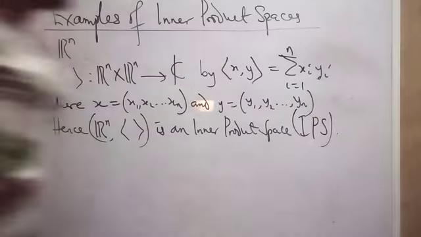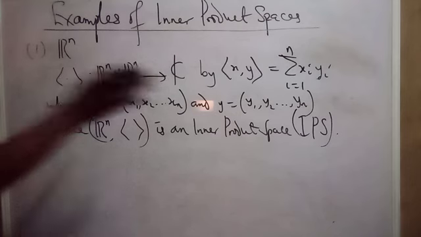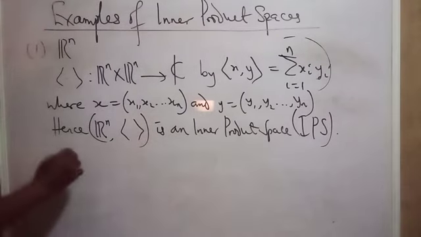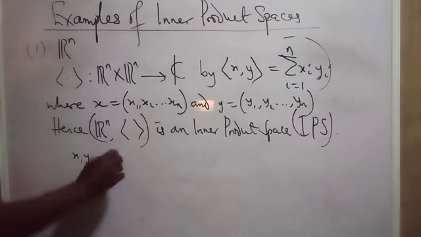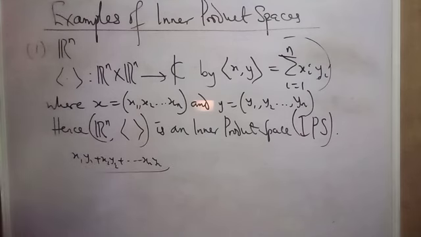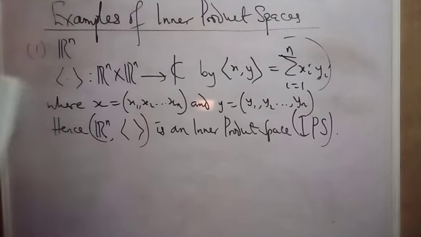Briefly, this is a very good example; you can see the way I've defined my concept here. And don't forget what this simply means: you multiply x1 y1 plus x2 y2 plus, till you get to xn yn. That's the first example of an inner product space.